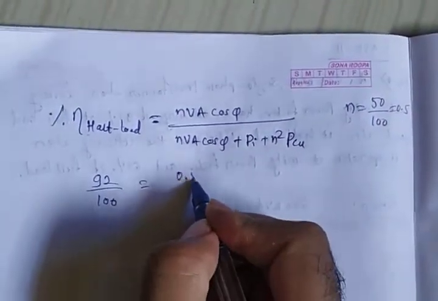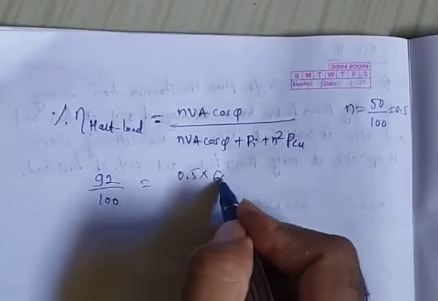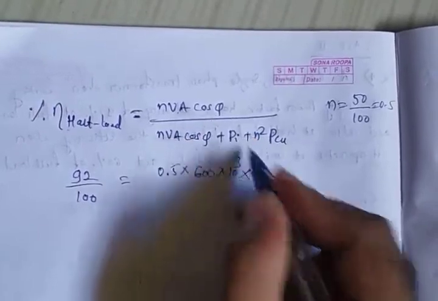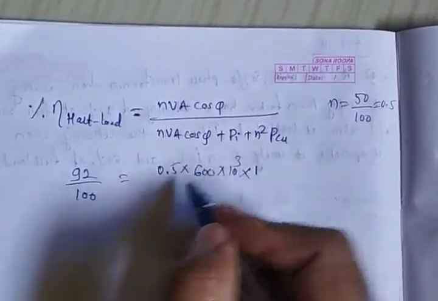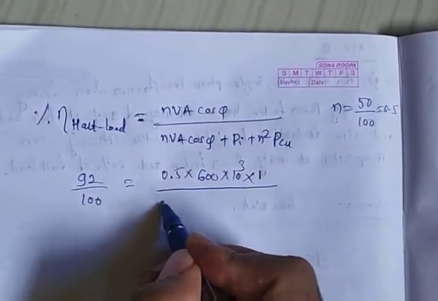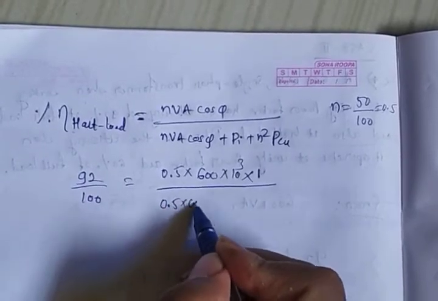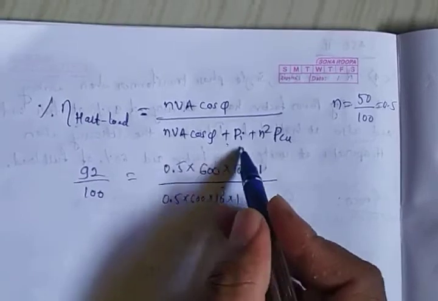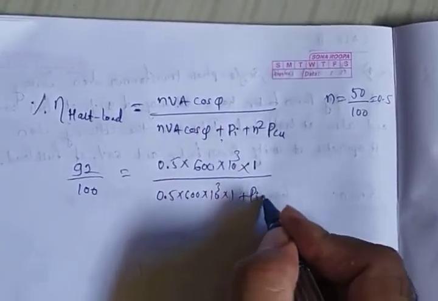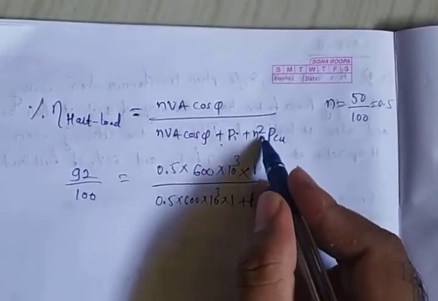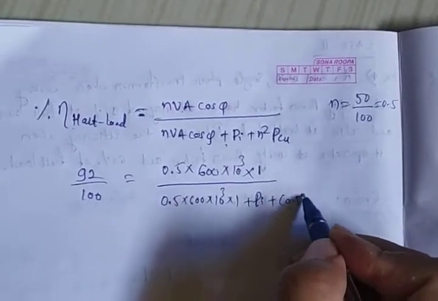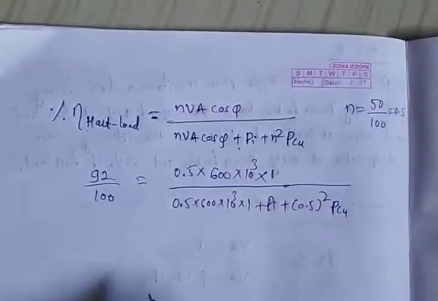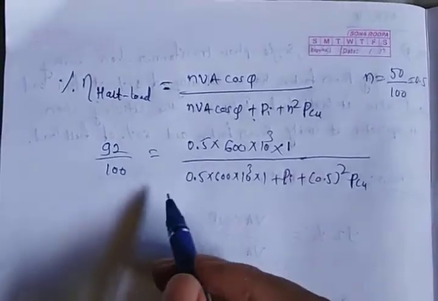So 0.5 into VA, that is 600 kVA, 600 into 10 to the power 3 into power factor, which is unity, that is 1, divided by 0.5 into 600 into 10 to the power 3 into 1, that is VA cos phi, plus PI. The PI value we need to calculate, so keep it as it is, plus n square, that is 0.5 square, into PCU as it is. So do the simplification, same procedure.